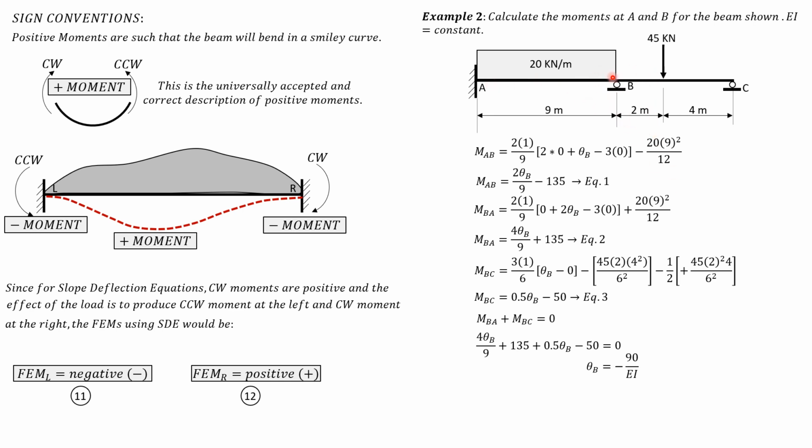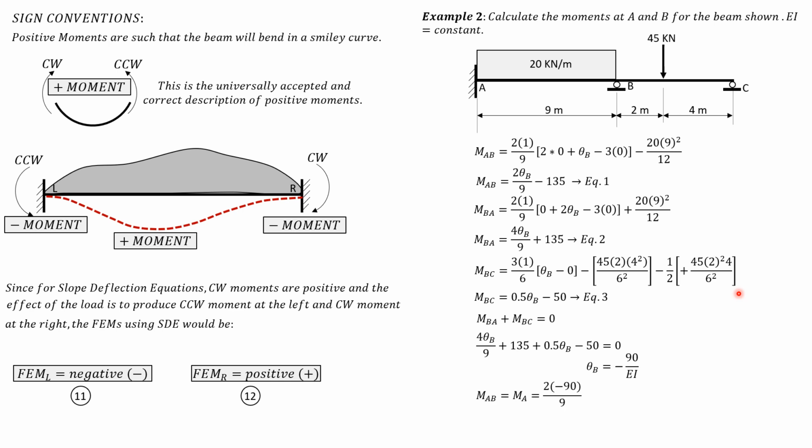We expect moment BA to be positive because it is on the right side and clockwise. For moment BC, B is on the left, so it is expected counterclockwise. That's why it's negative.